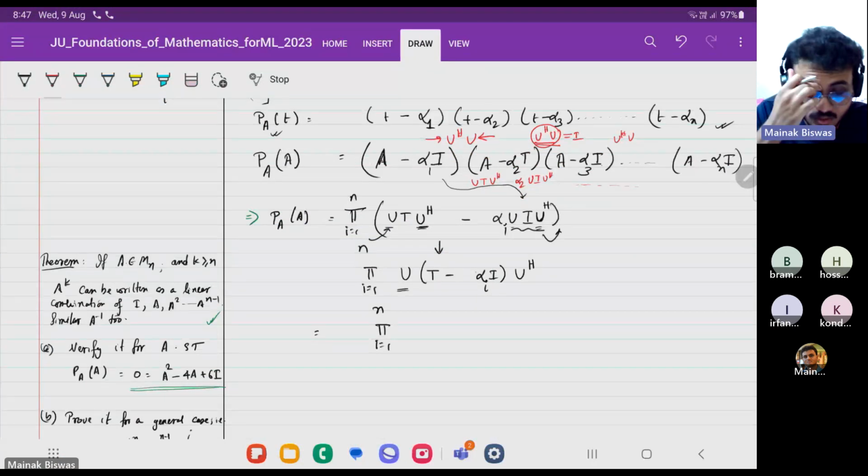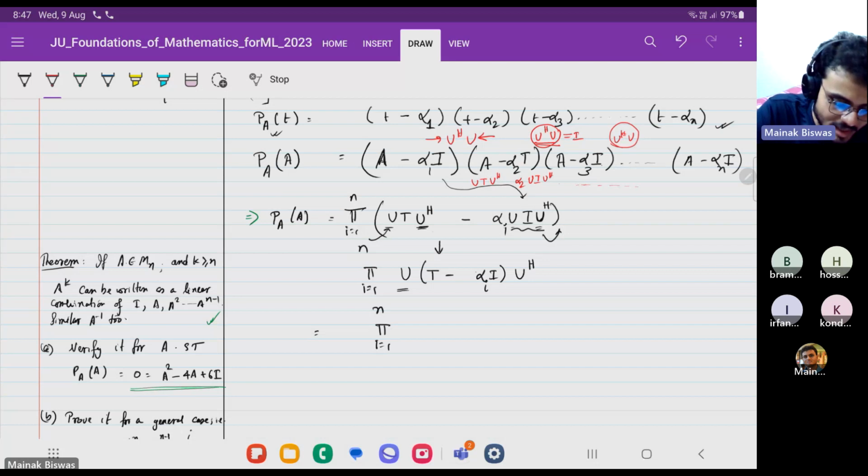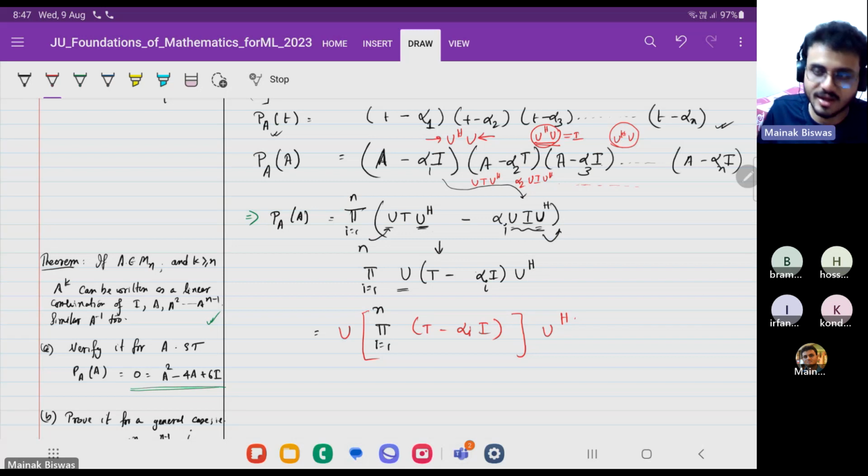If you can hear me now, you will have all these U Hermitian U's in the center, right? So those will all become I. Since you're not interacting, I'll continue. So you'll be left with T minus alpha I, with a U on this side and U Hermitian on this side. Is this factorization okay?